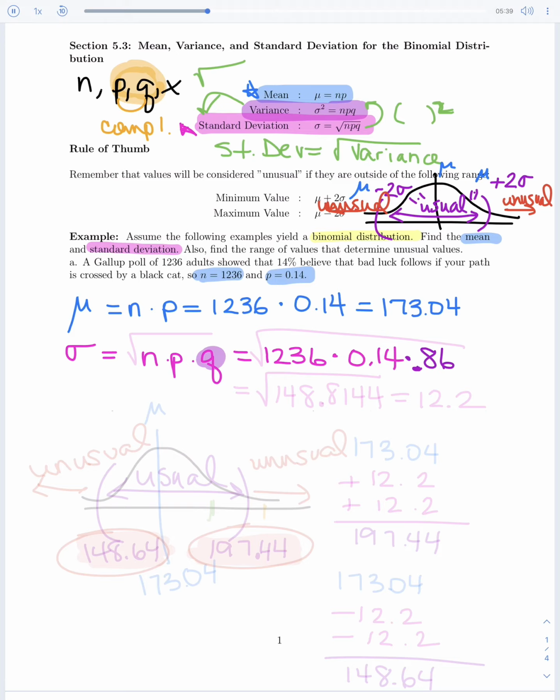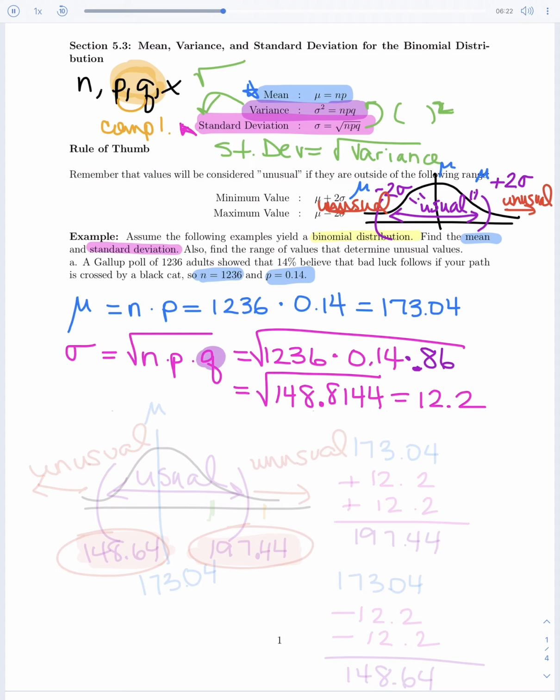And don't forget the last part of this is actually our variance right now. If we want to find the standard deviation, we'll have to take the square root at the end. So you need to do your 1236 times your 0.14 times your 0.86 first, which gets you right around 148.8144. Then you'll have to take the square root of that value, which is about 12.2.